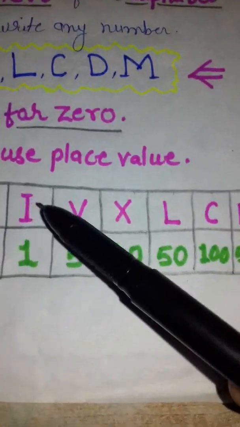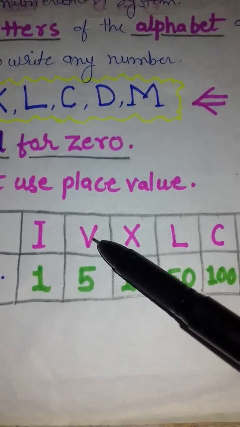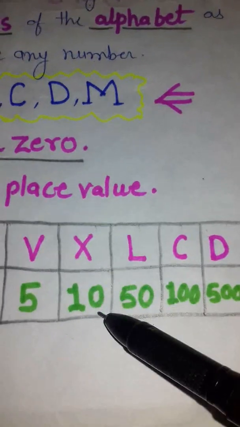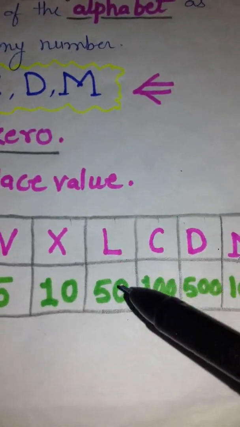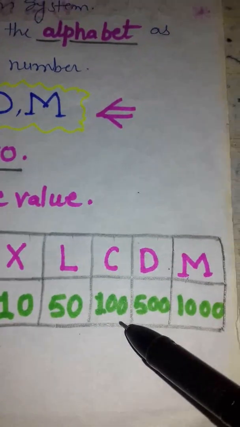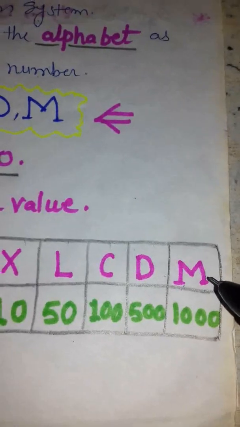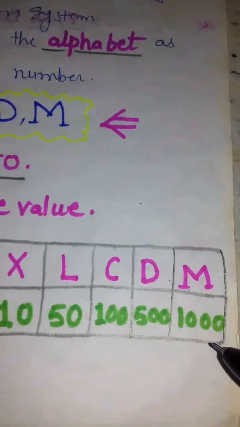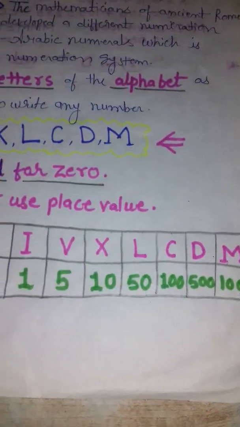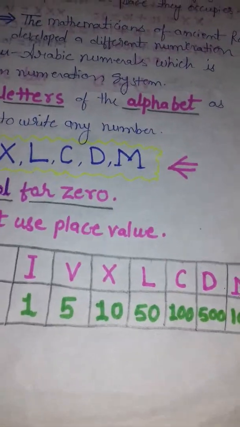Now see, I stands for 1, V stands for 5, X stands for 10, L stands for 50, C stands for 100, D stands for 500 and M stands for 1000. So these are the values of the letters which Roman numerals use.